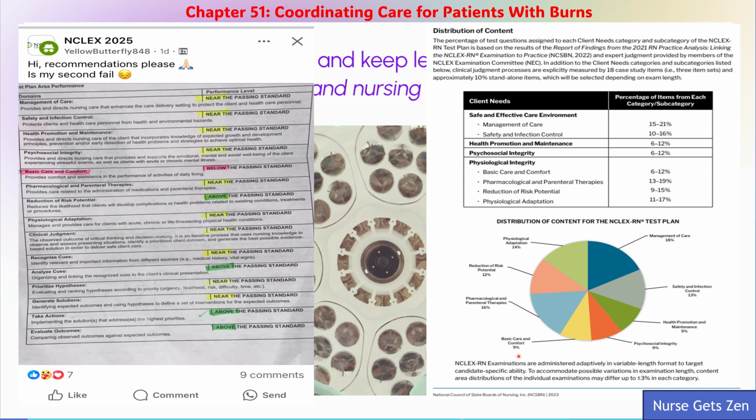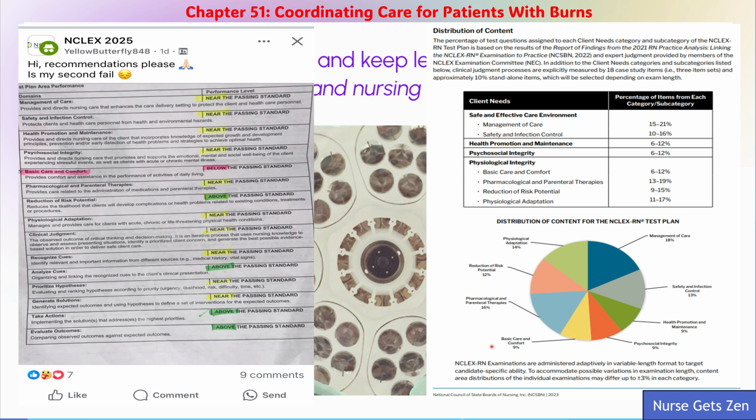Imagine you aim for 100 questions, and almost 10 of them are about basic care and comfort, and you need to be above this. And there are a lot of case studies in the NCLEX.